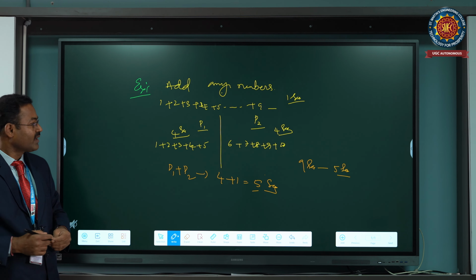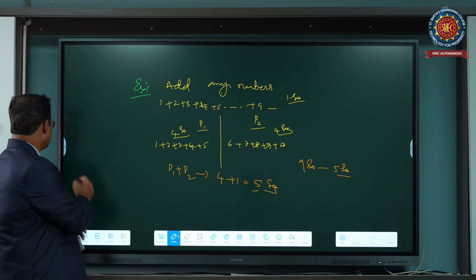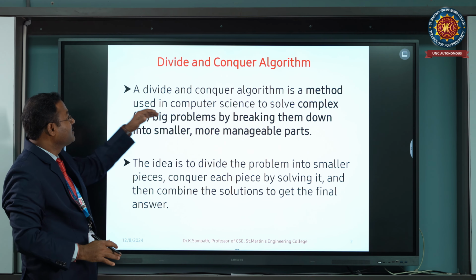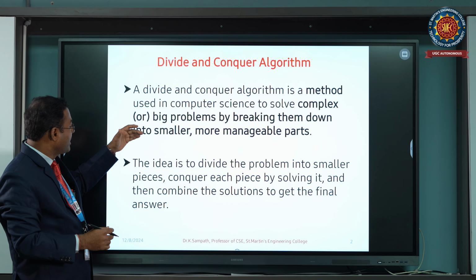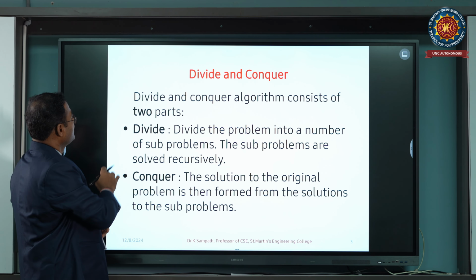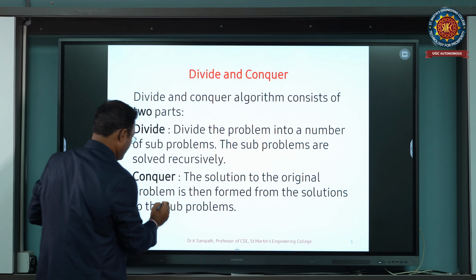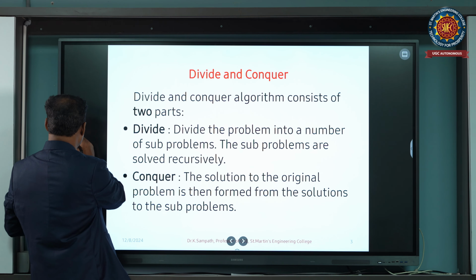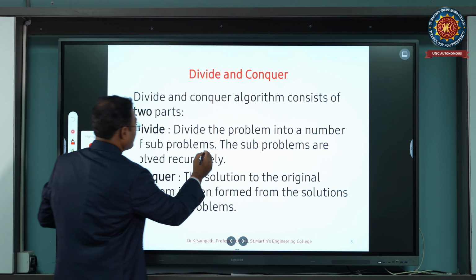In this one, I want to explain merge sort. Different applications are there. Divide the problem into two subproblems. Conquer means we are adding the solutions.